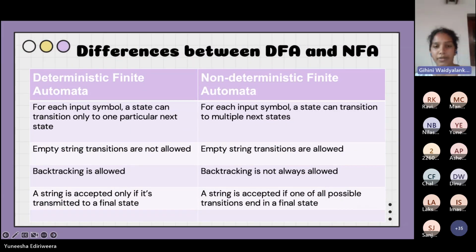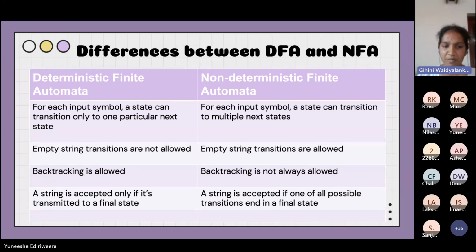Now that we have discussed what DFAs and NFAs are, we'll see the differences between these two. In DFAs, for each input symbol, a state can transition to only one particular next state. But in NFAs, for each input symbol, a state can transition into multiple next states. For NFAs, as I mentioned earlier, empty string transitions are allowed, but for DFAs, empty string transitions are not allowed.